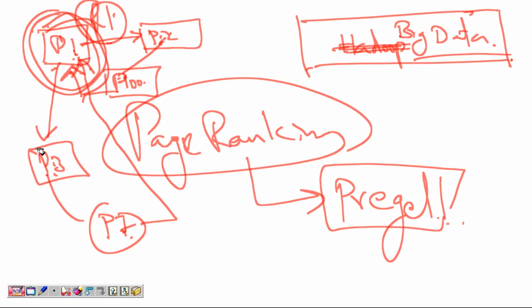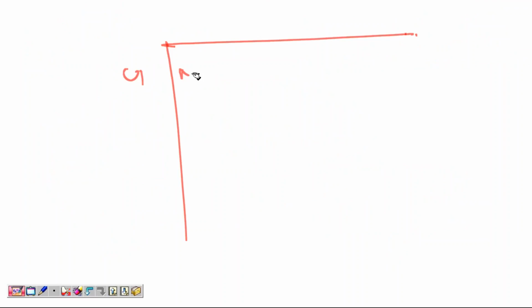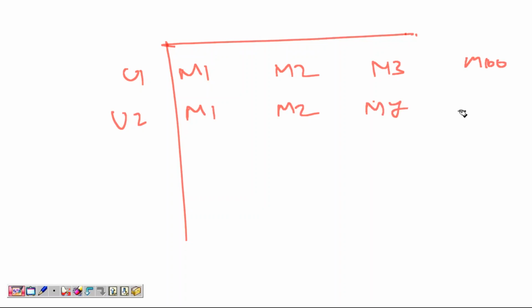And one more thing I am giving you. Suppose I am taking users. User 1 has watched movie 1, movie 2, movie 3 and movie 100. User 2 has watched movie 1, movie 2, movie 7 and movie 100.